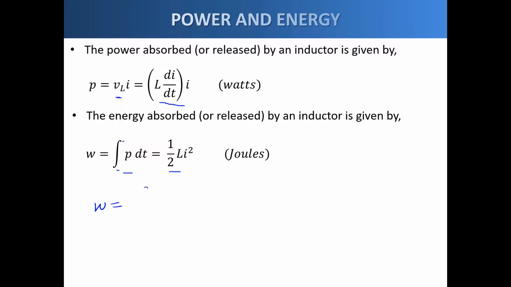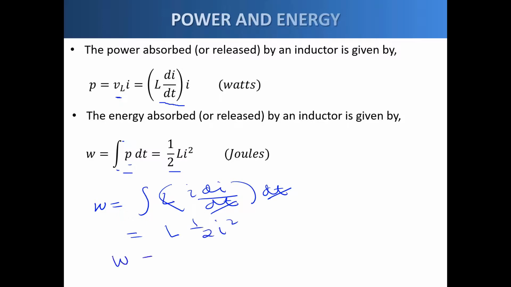Energy is P times dt, but we know P to be L i di/dt, times dt. So dt will get cancelled. L is a constant. The integral of i di will give us 1/2 i squared. So therefore, energy will be 1/2 Li squared.